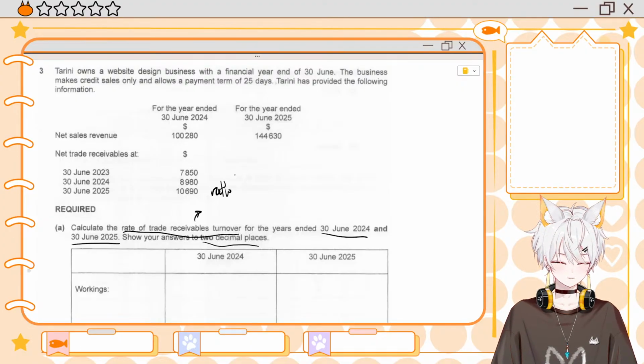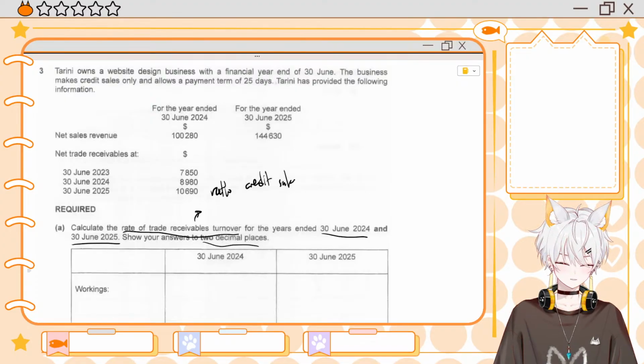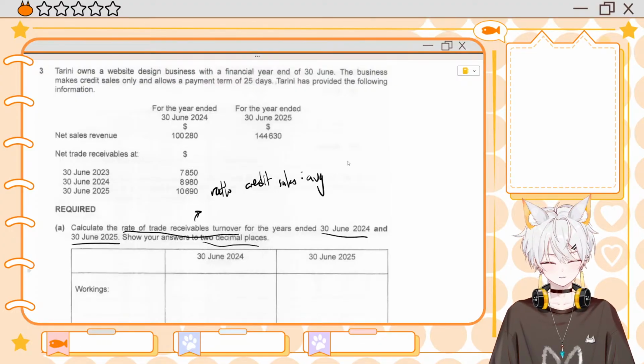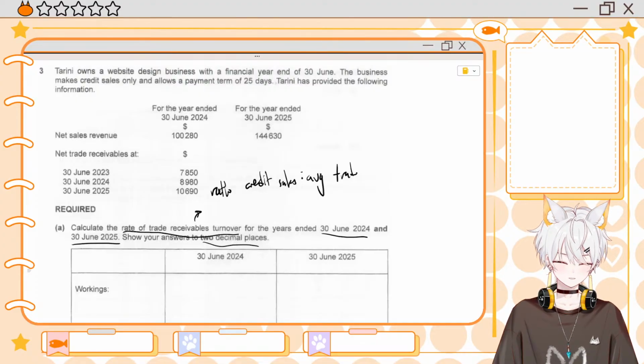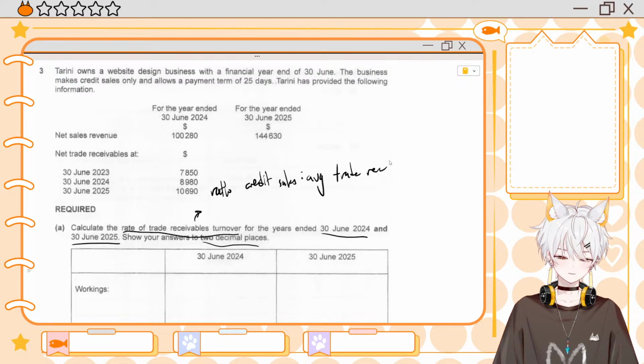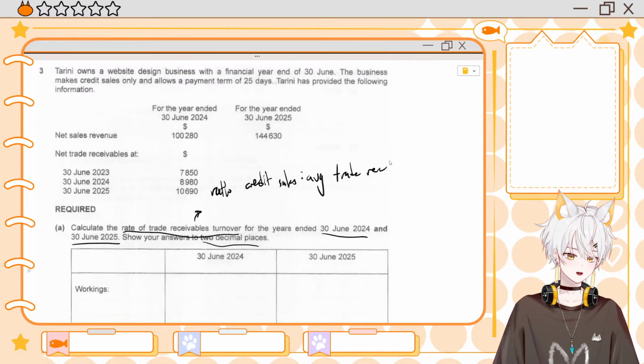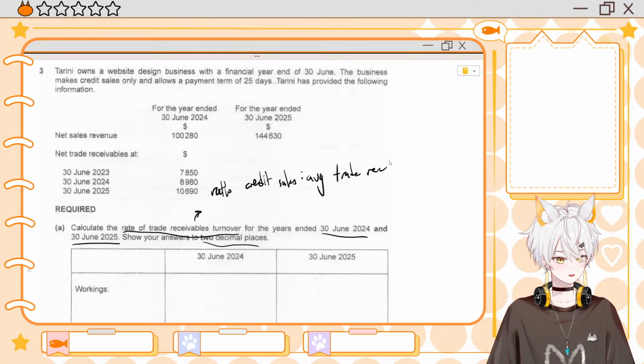For those of you who learned a bit of math, it is your credit sales to your average customer debt, customers owing. That's what they mean by trade receivables. Now we know what they want us to do, and the formula is listed in the definition.